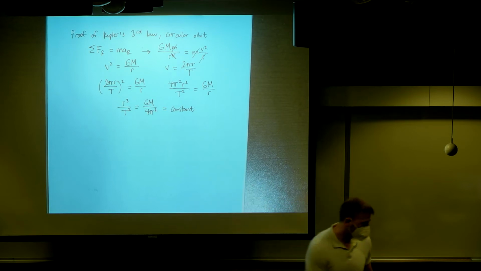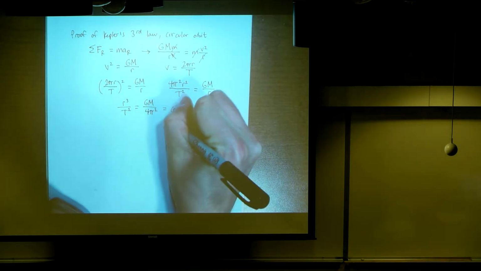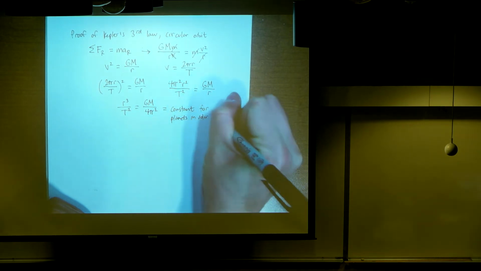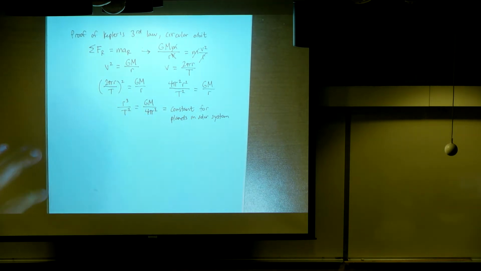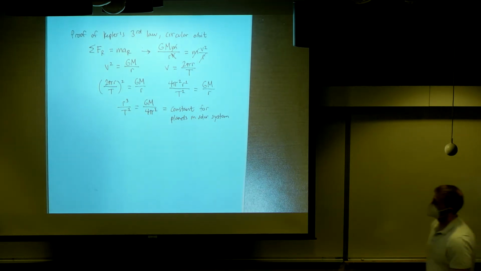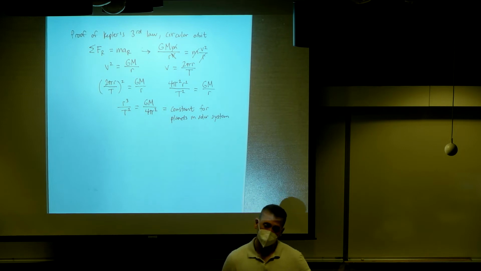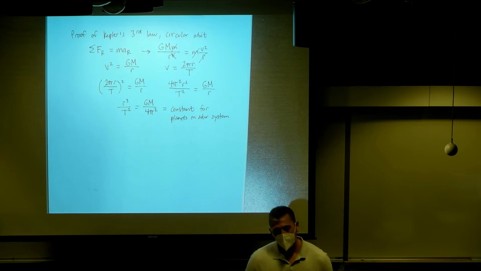But as long as we're talking about planets in the solar system, which are orbiting our sun, then this quantity is going to be a constant. And that's really where Kepler's third law comes from. So again, strictly speaking, we proved it for circular orbits, but it actually applies to elliptical orbits as well. So it's a little bit more general than this. That's where it comes from.